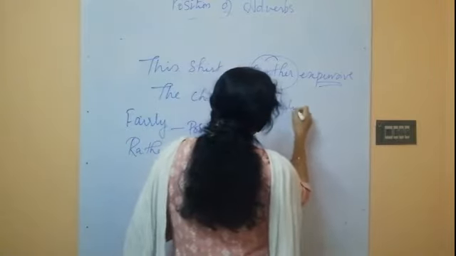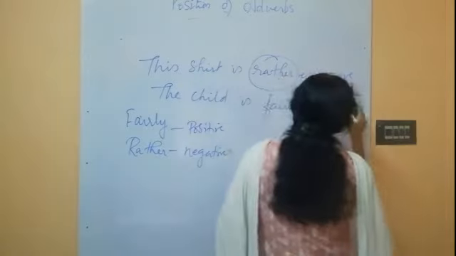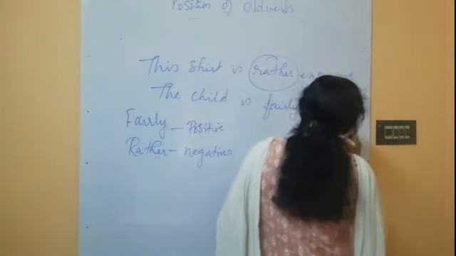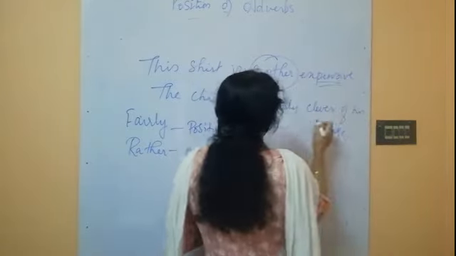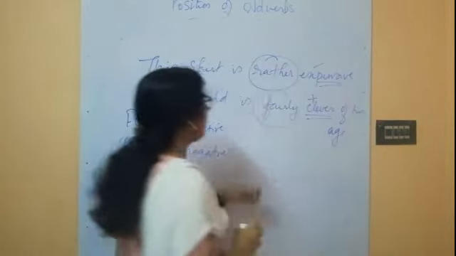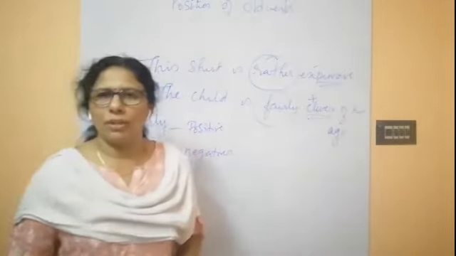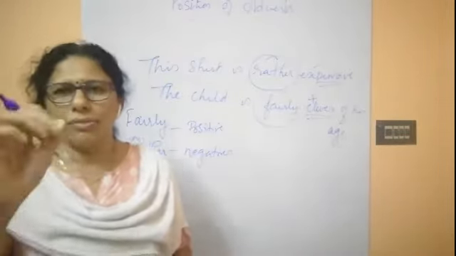Clever is a positivity. So we can see that this one has a positive meaning and this one is negative. That is why for negatives we use rather, and for positives we use fairly. Only that you need to know in connection with fairly and rather.